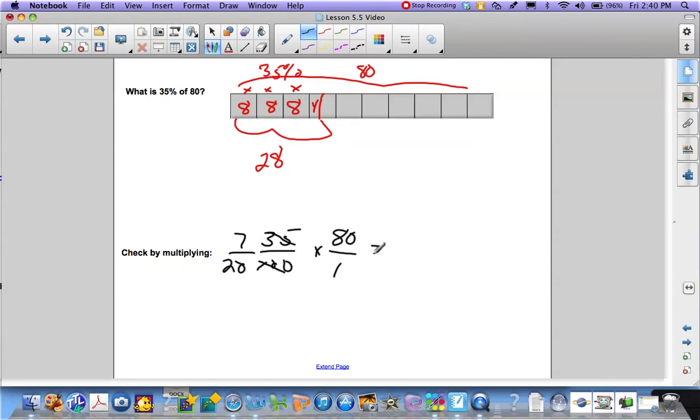Okay, 80 times 7 is 560. 20 times 1 is 20. Now if I divide those both by 10, I'll have 56 over 2, and I know 56 divided by 2 is 28. So 35% of 80 is 28.